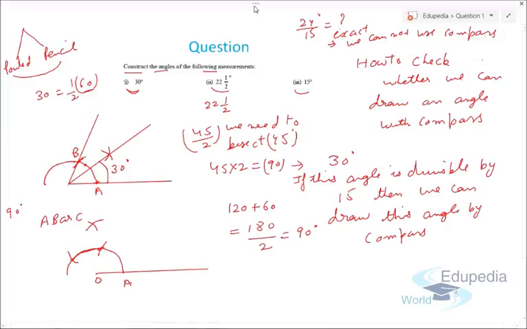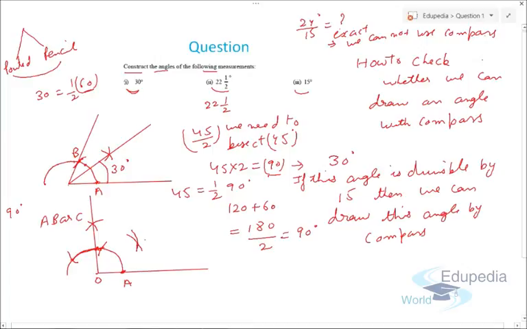So again, we open the compass to the length of this arc, right? From this point we mark one arc like this, and from this point we mark another arc like this, and then we draw a line passing through this. So this becomes a 90-degree angle. Now we need to bisect the 90 degree because 45 is half of 90. Again, we open the arc to this length, and keeping A as center we mark one point, and from this point we mark another point like this.